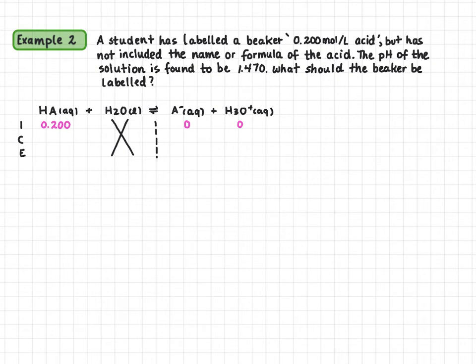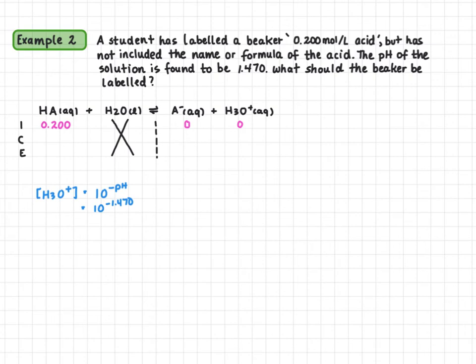Now, we don't know the Ka, we're solving for it, but we can solve for the hydronium ion concentration at equilibrium, because we have the pH. So our hydronium ion concentration is going to equal 10 to the minus pH, so 10 to the negative 1.470.